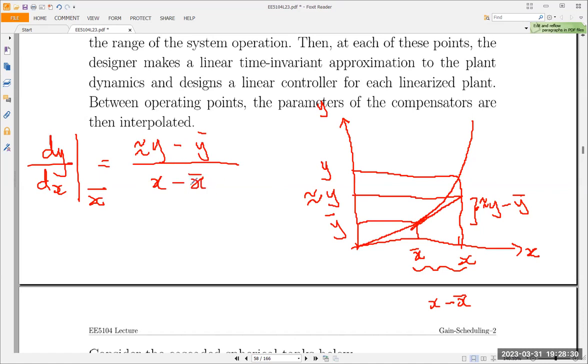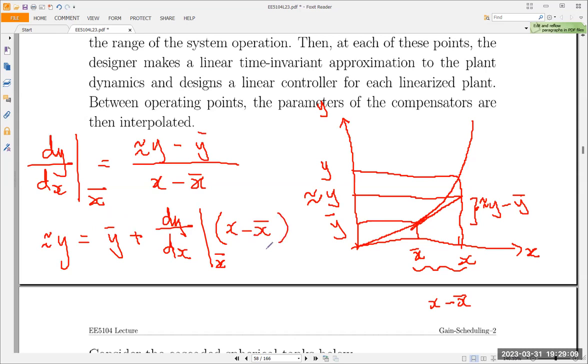All right. Then if you rewrite everything, you have the approximate y is equal to y bar plus dy/dx at x bar multiplied by x minus x bar.